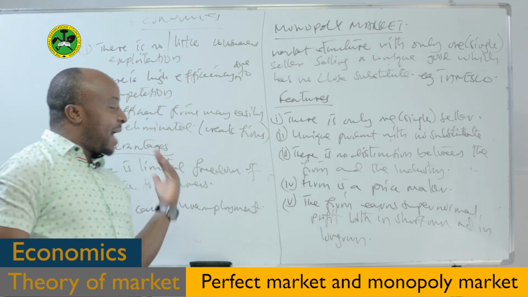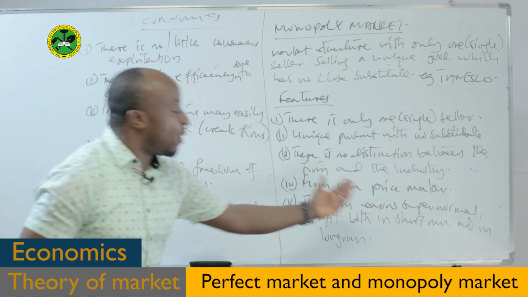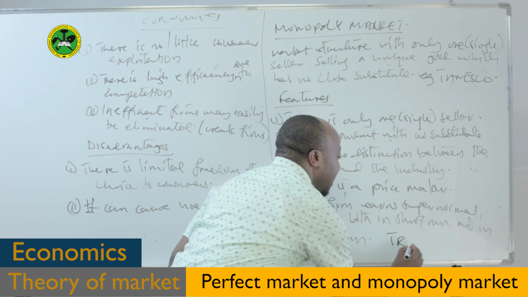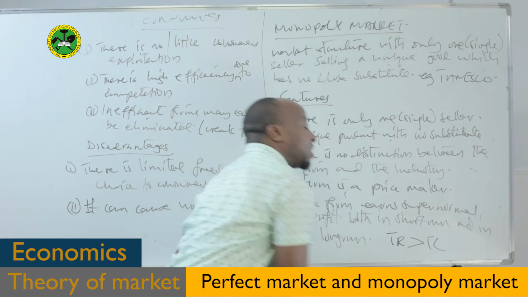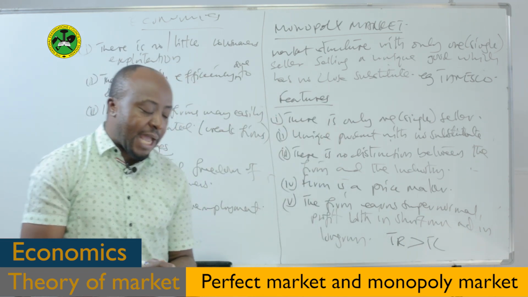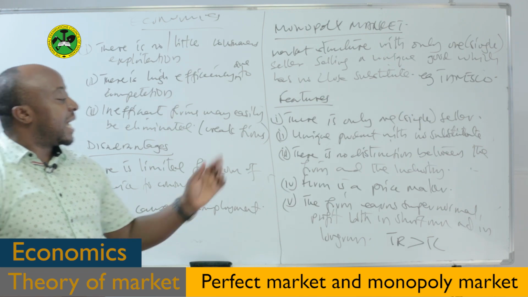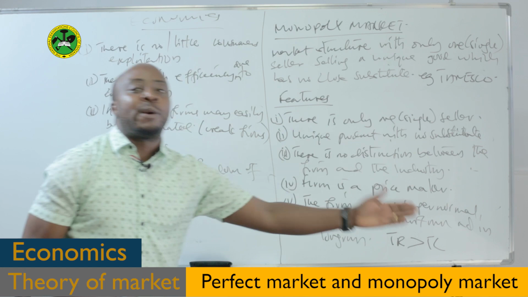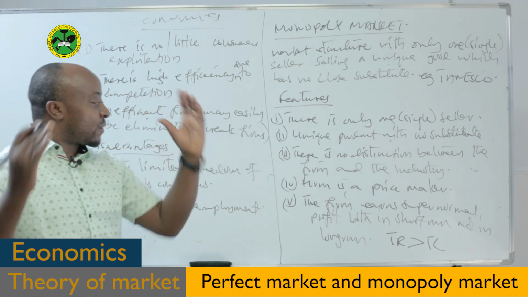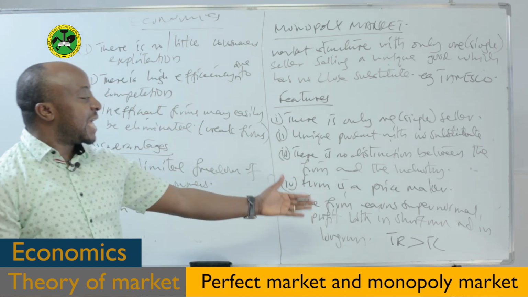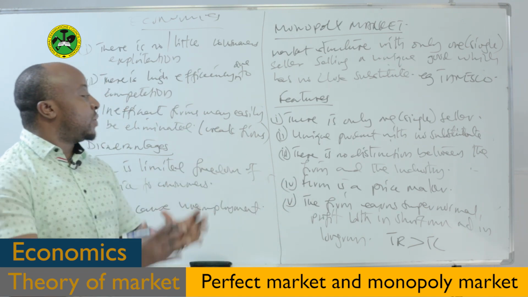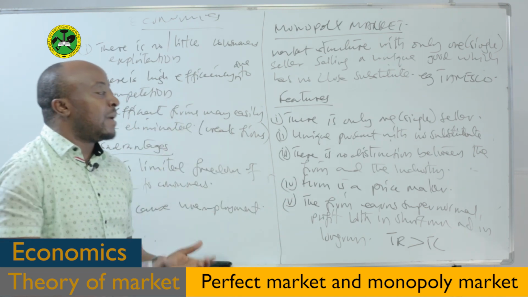We recall back from your class, we said supernormal profit is that profit where total revenue is always greater than total cost. Now, if we produce and the total sales are greater than the total cost we have incurred, then this firm is getting supernormal profit. So it means at all times, because this firm has got market power to influence market price, has got market power maybe to create shortage for the price to go up.